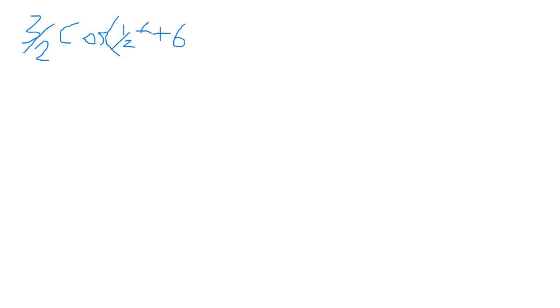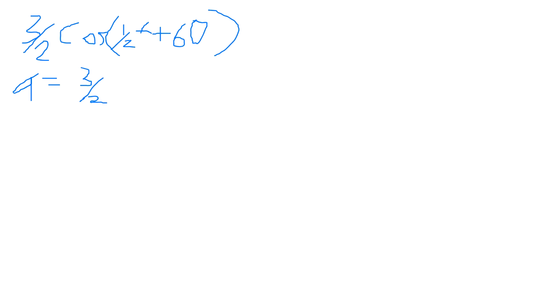So please, once you have seen plus 60 here, it means we are working in degrees. So quickly ensure that on top of the calculator there is going to be degrees. Then our amplitude will obviously be the positive value in front of the trigonometry, so it will be 3 over 2.